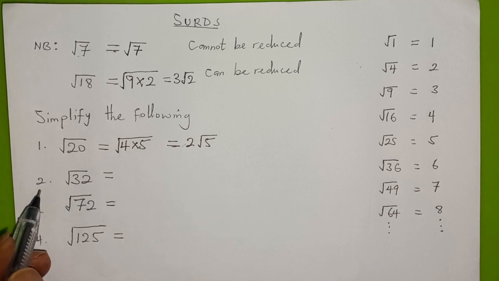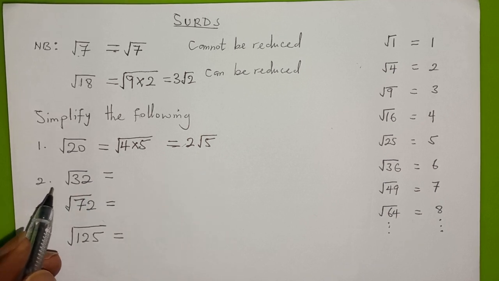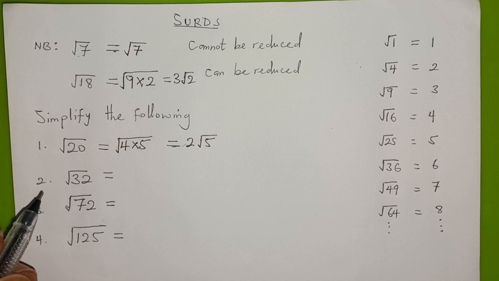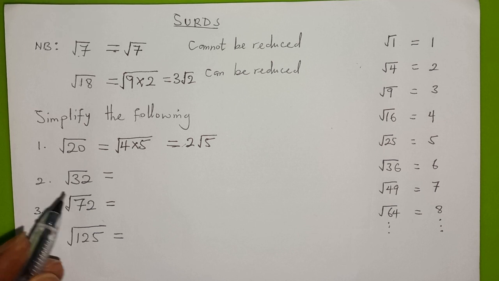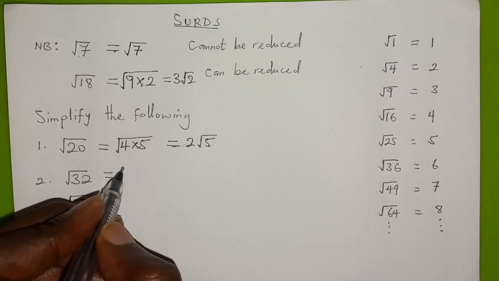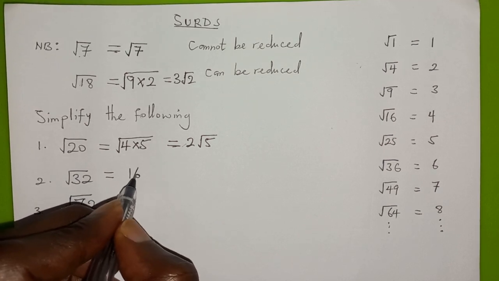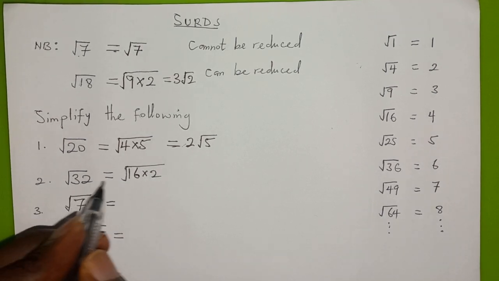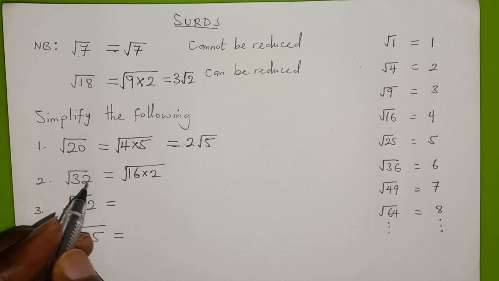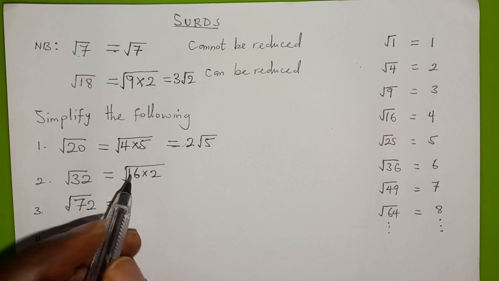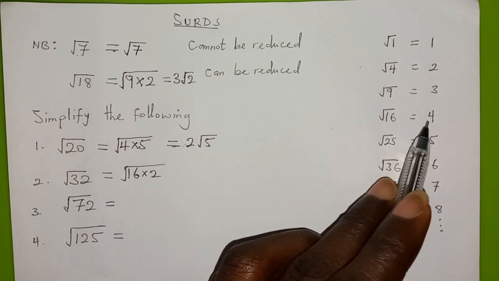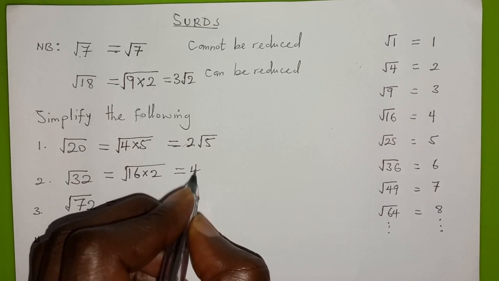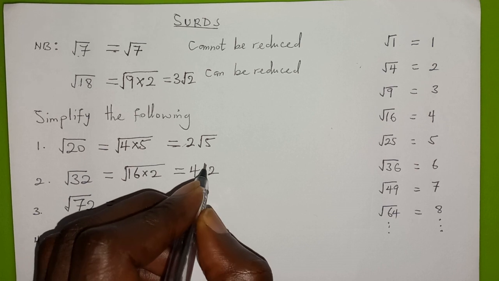All right, let's move on to the next example. We have root 32. This can also be reduced into a perfect square and an integer, and that is 16 by 2. We all know that 16 by 2 is 32, and 16 is a perfect square. And what is root 16? It is 4. So our final answer is going to be 4 root 2.